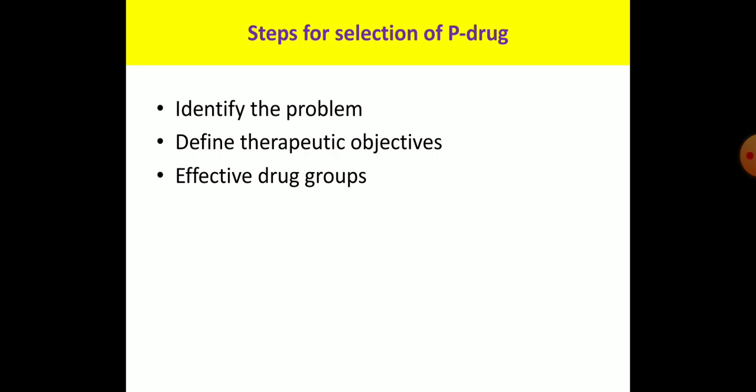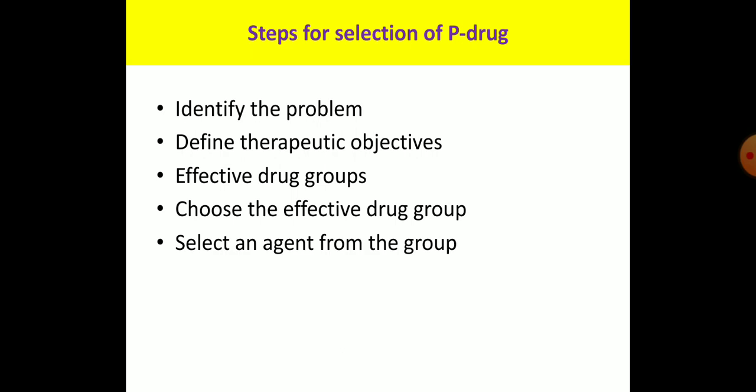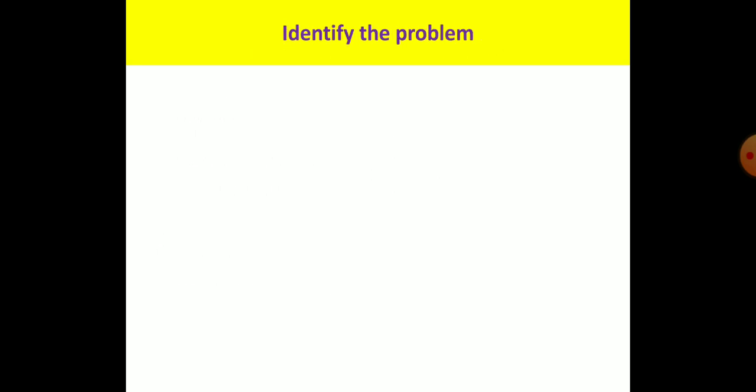Then enlist effective drug groups for that condition. And out of these selected drug groups, you have to select the most appropriate drug group in this condition. And again you have to select the most appropriate agent from this group, and finally you have to write the prescription. So now here in this case, what is the problem?